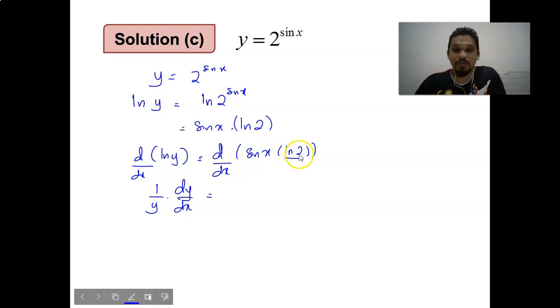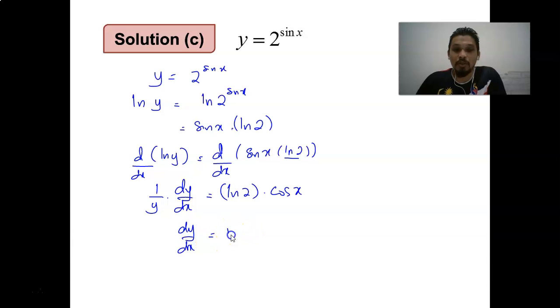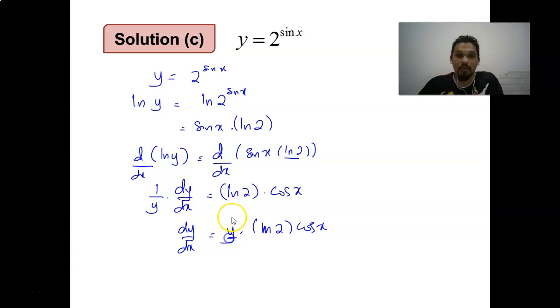So differentiate sine x multiplied by ln 2: the derivative of sine gives cos x, so natural log of 2 cos x. Then dy/dx equals y, multiplied by natural log of 2 cos x. And y equals 2 to the power of sine x, so it's 2 to the power of sine x times natural log of 2 cos x. There you go.